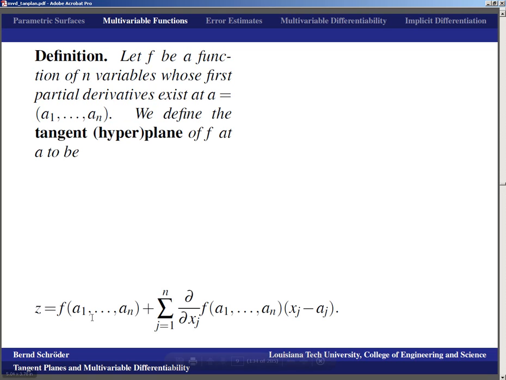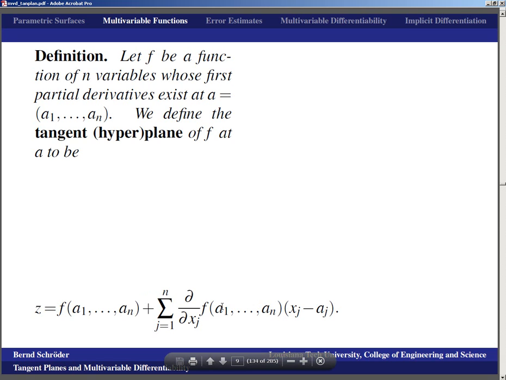We define that to be z equals f(a1 through an), the value at the point where we want to find the plane, plus the sum for j equals 1 to n of the partial derivative with respect to xj of f at the point where we take the tangent plane times xj minus aj. Now there are various symbolic analogies to the equation of the tangent line, because if n is equal to 1, this is really just the tangent line of a function z equals f(x).